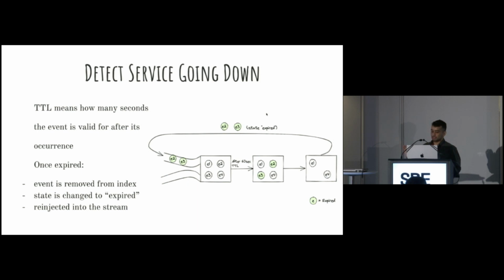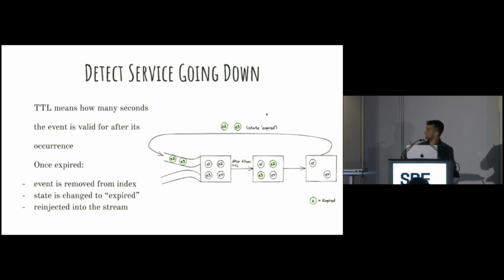But in Riemann, there is a slightly different way. If you remember, every event has a TTL as part of the event. TTL decides how many seconds that event is valid after it has occurred. So let's say a service stops sending events at this point. What we will notice is that new events are not coming and the existing events will go into an expiry state.